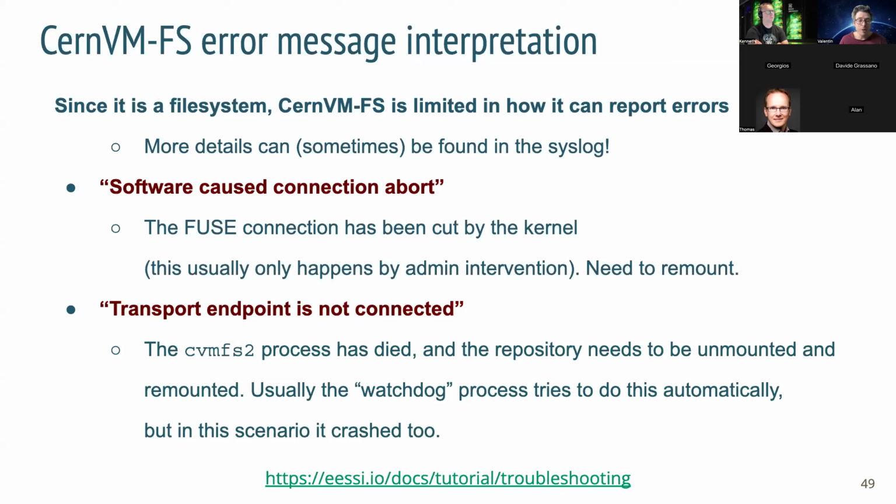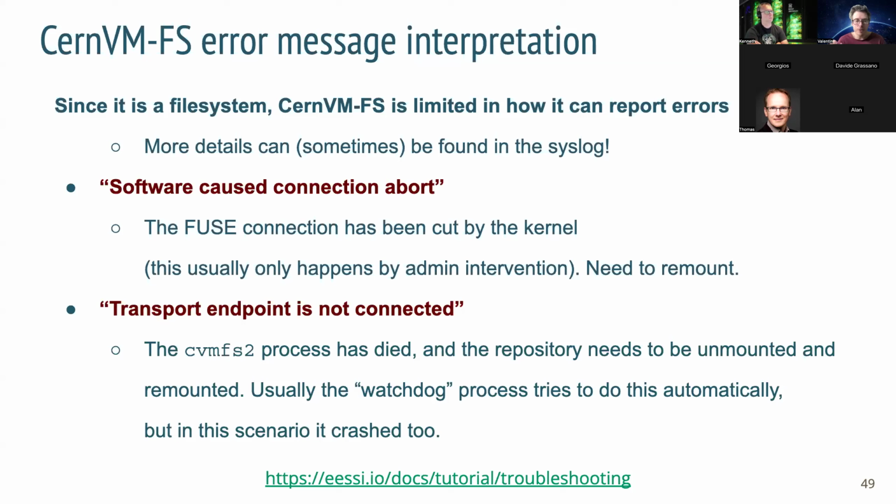A very similar error message is transport endpoint is not connected. What this translates to is that again the FUSE connection is bad, but this time on the user space side, the cvmfs2 process somehow has died and it's no longer there. So there's been some kind of crash.